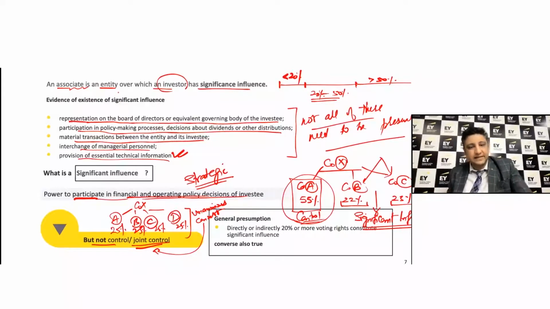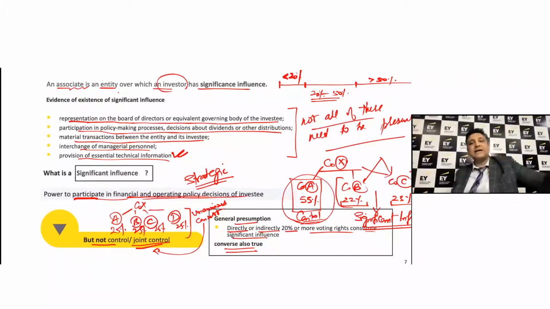So precisely in this context, this could be a better example for us to understand what is significant influence. We said already, this is the general presumption. If you have 20% or more of the voting rights, whether directly or indirectly, maybe through another subsidiary, it may result in a significant influence, or it may not. So you take the presumptions, but you have to validate.